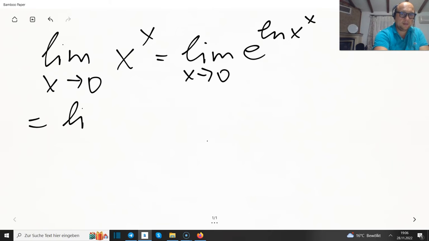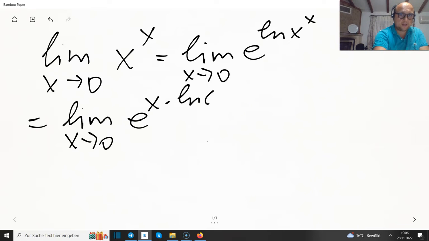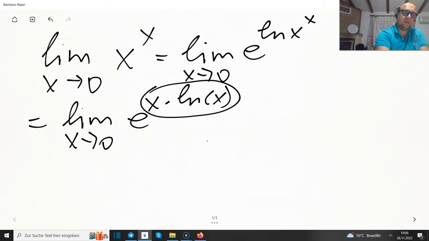Now we're going to get the limit as x tends to 0 of e to the power of x times ln of x, and now basically it's all about this value, and we've been doing it. Let me remind you, this is L'Hopital's rule, so x towards 0, x times ln of x.